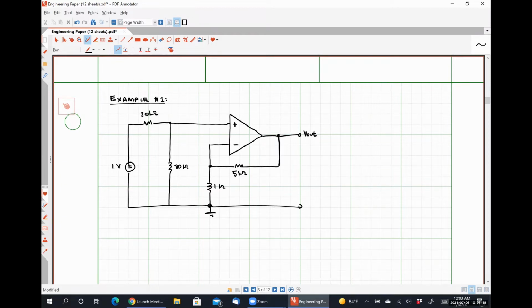All right, so this is our circuit of interest. And this guy looks to be a bit complicated, but in truth, it really won't be.